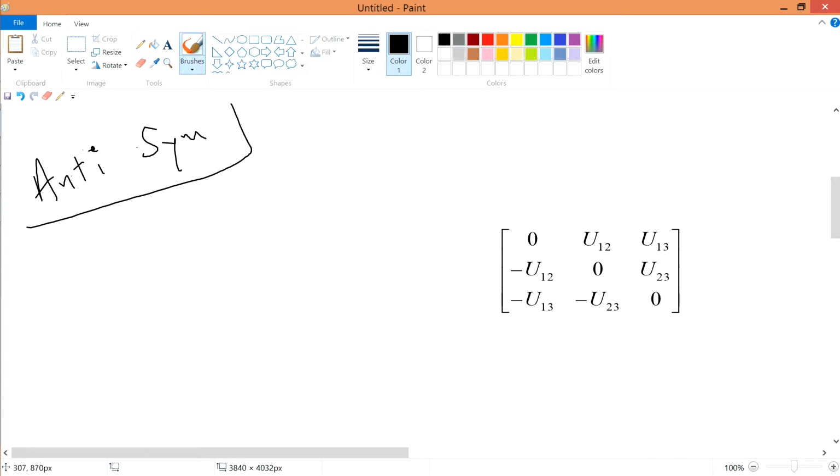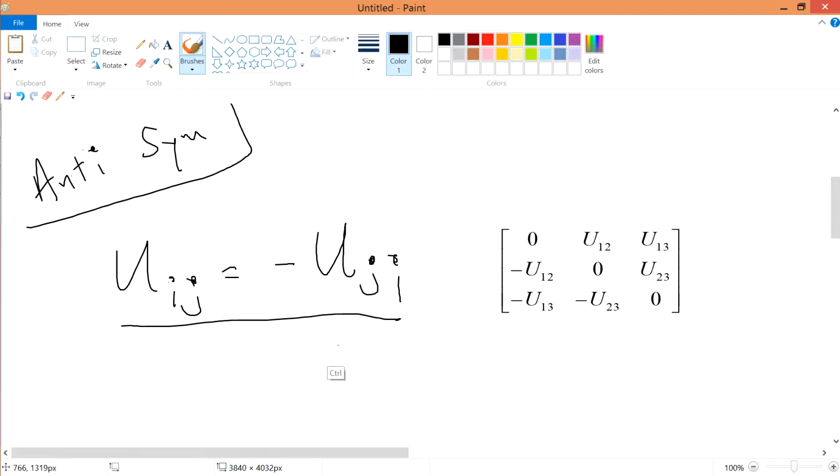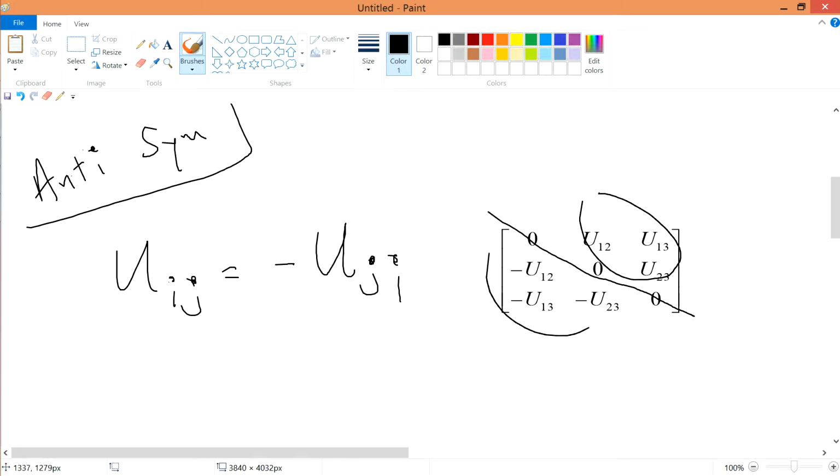Now for anti-symmetry, instead of T_ij, I'll write U_ij equals minus U_ji. I will not go into details of how this is derived, but I just want to convey the important concept that the diagonal terms are zeros. And then the mirror effect is just that this one is positive, this one is negative.